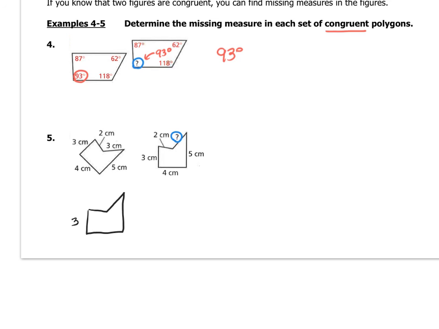This side is 3 centimeters. The bottom now would be 4, the right side 5, and then here we have 3, and here we have 2. So this missing side that I circled in blue corresponds to this side here, which is 3 centimeters.